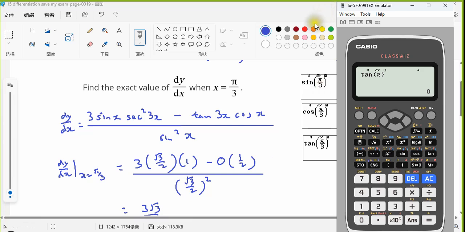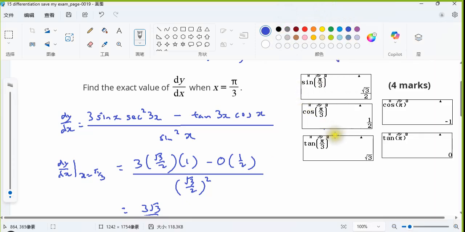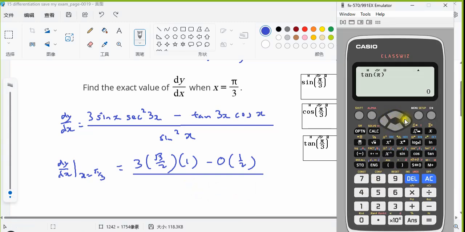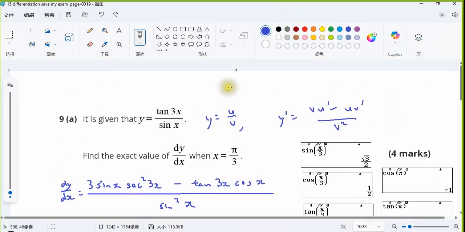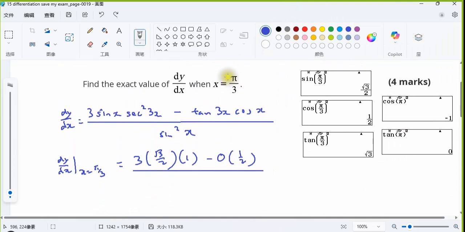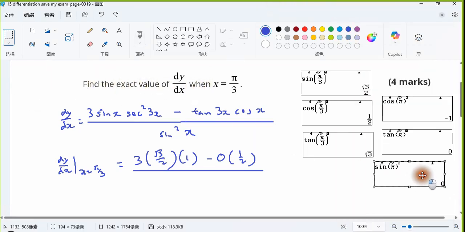Sine, secant, sine. Oh no, this is sine x. So sine x, here we have sine pi. Sine pi is 0. No. So this is sine x squared. 0 squared?